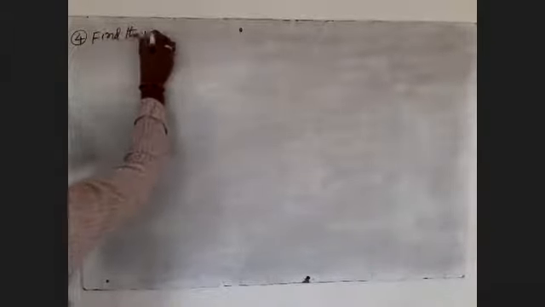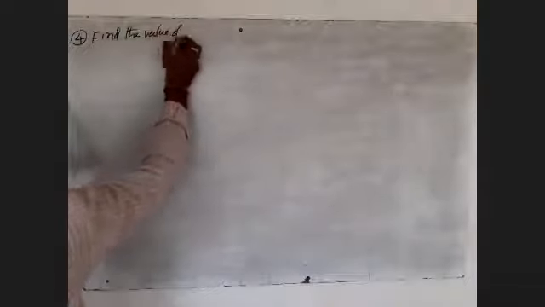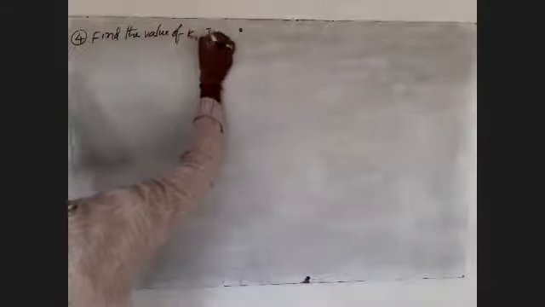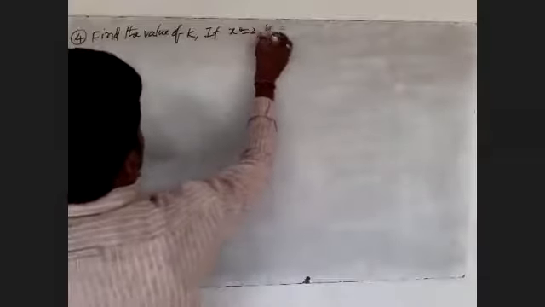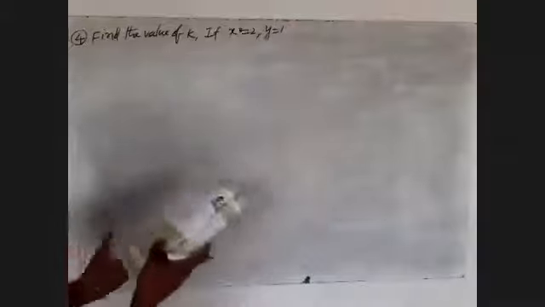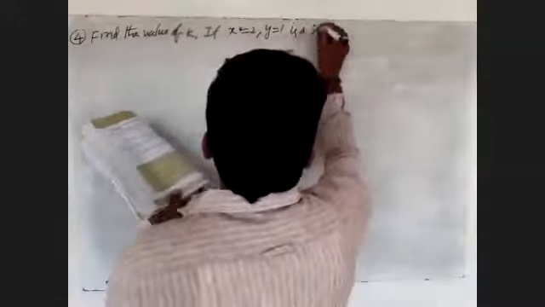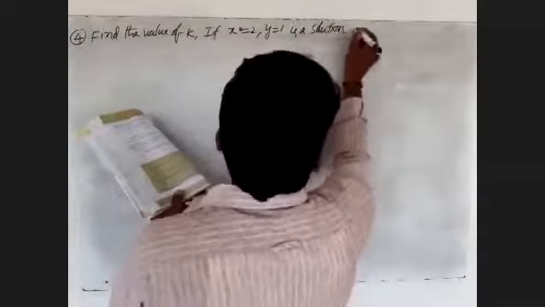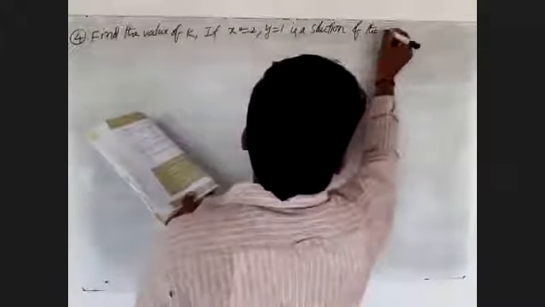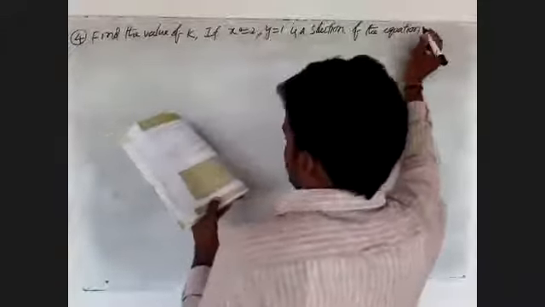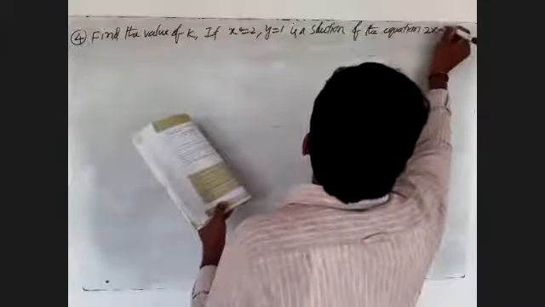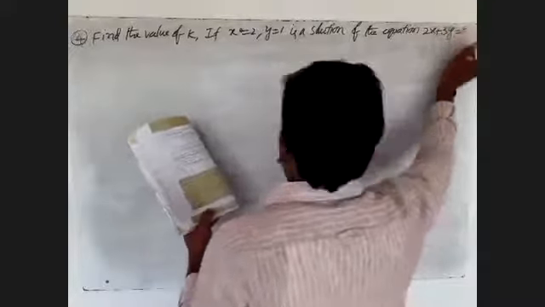Now I am going to the next one, that is: find the value of k if x is equal to 2, y is equal to 1 is a solution of the equation 2x plus 3y is equal to k.